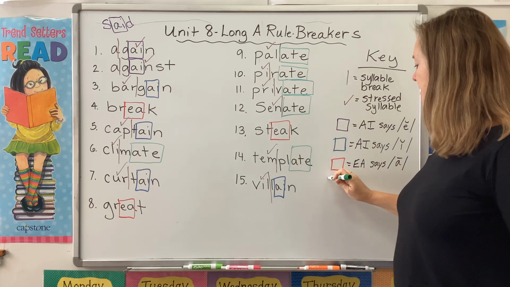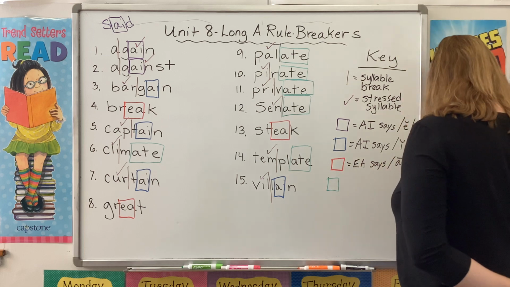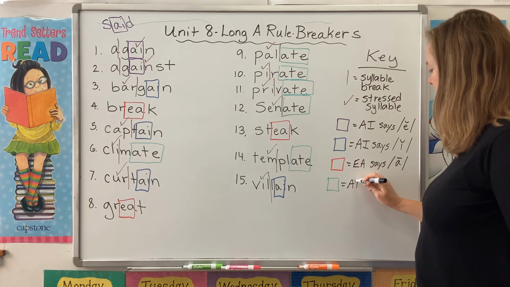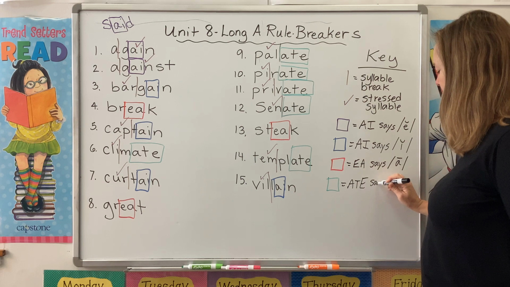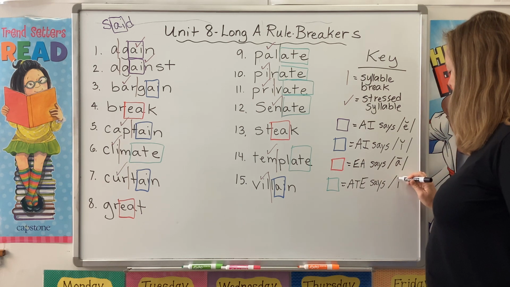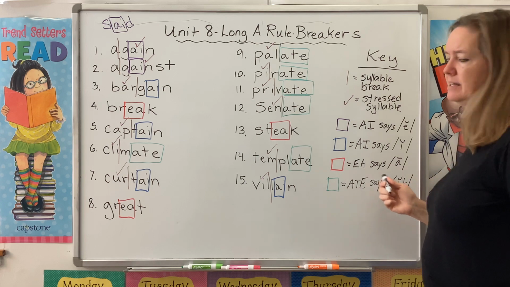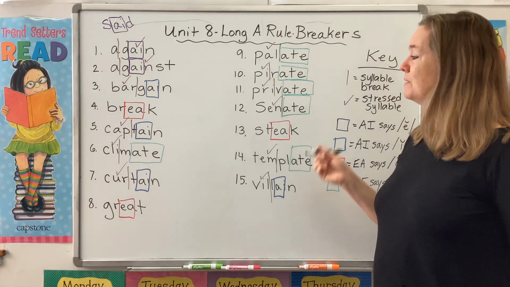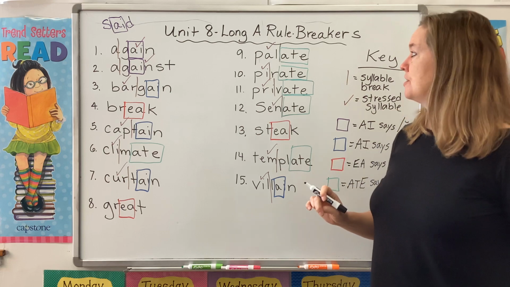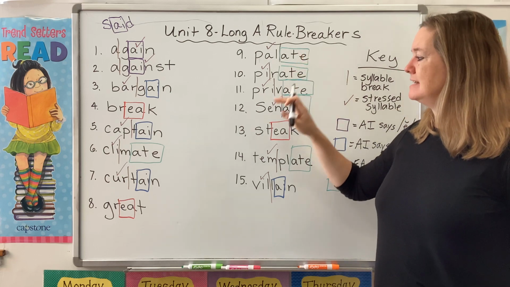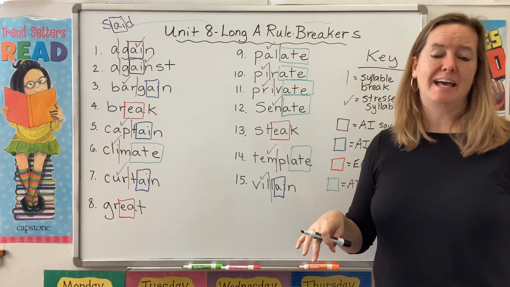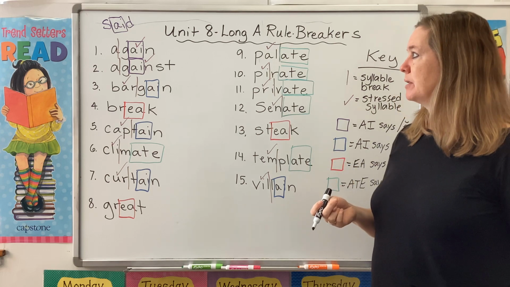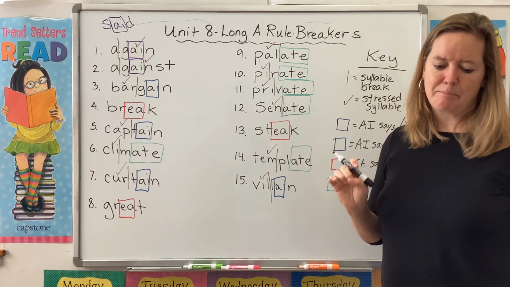So in all these words, the ATE says "it." It makes a short I-T sound. Okay? So, it's just a good idea to start noticing those patterns, that ATE, the AIN. You'll see those in lots of bigger words as well. Okay, so that's it for the patterns.